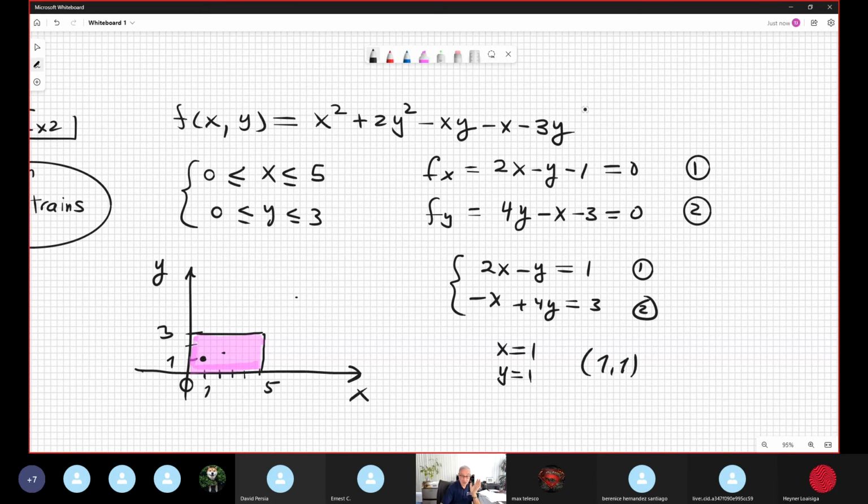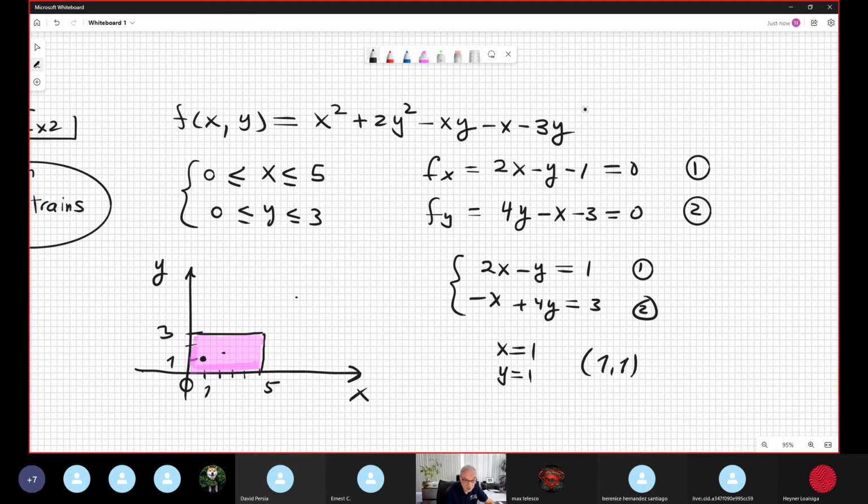Okay. So remember, in the constraint problems, you compute the critical value. See, the critical value lies in the region. You consider it like one candidate to be a global max or global min. However, I need to evaluate the boundary, and this is the complicated part.